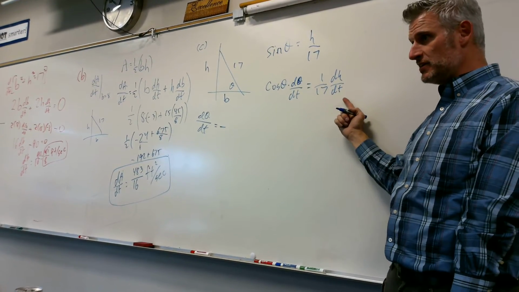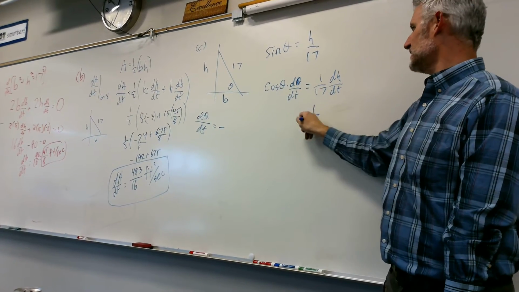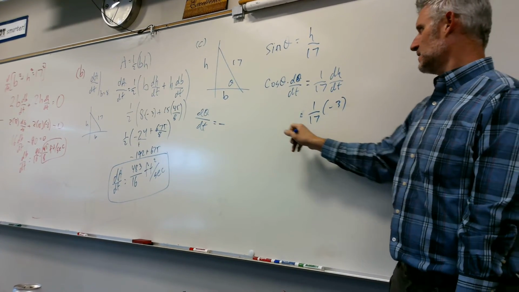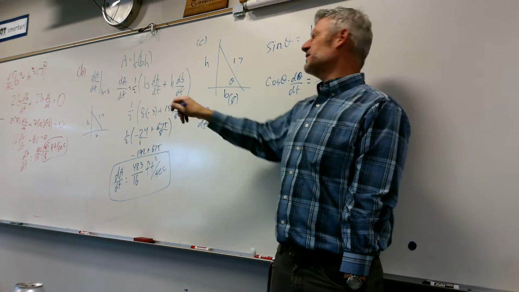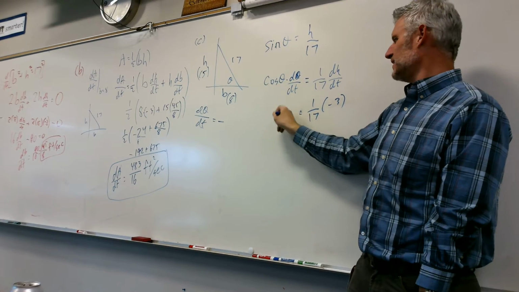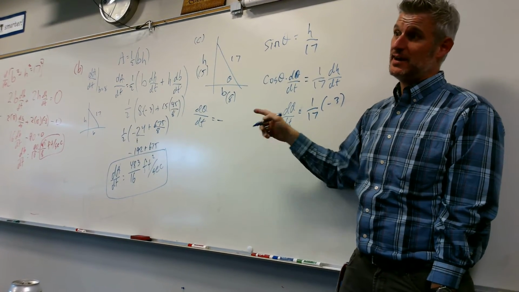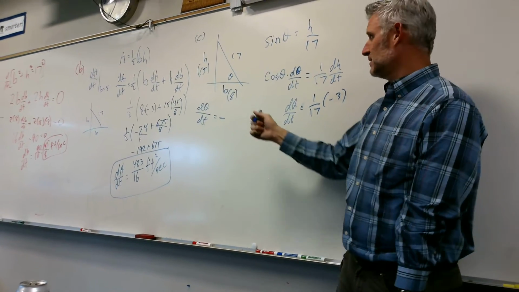Hey, don't we know dh dt? Yes. It's negative 3. Times negative 3. Now we've got to think. Because if this is 8 at that moment and this is 15 at that moment, and I've got cosine theta d theta dt, we need to find cosine of theta at that moment. But we know how to do that.